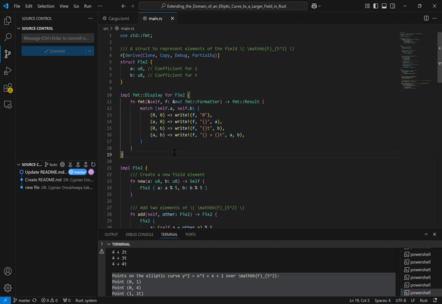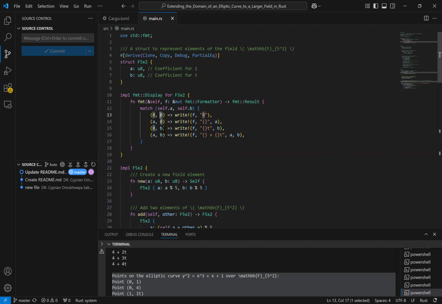Now, if we get a point 0, 0, it will be written as 0. Here 0 is the x value and this is the y value. The y value is always expected to be a polynomial, but the x value is expected mostly to be a value from the field.